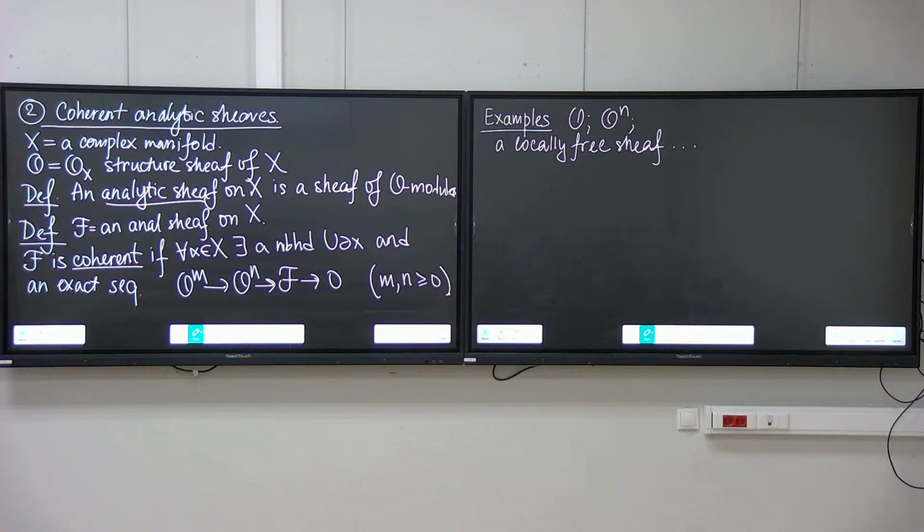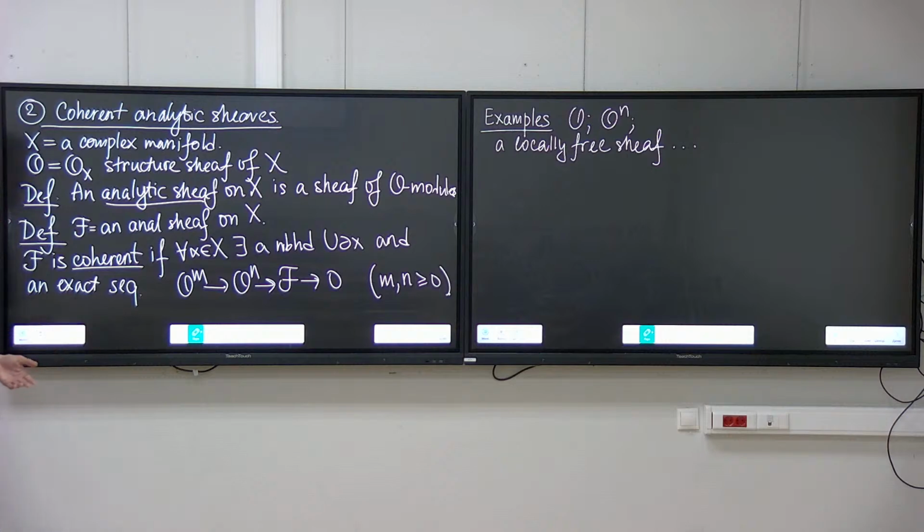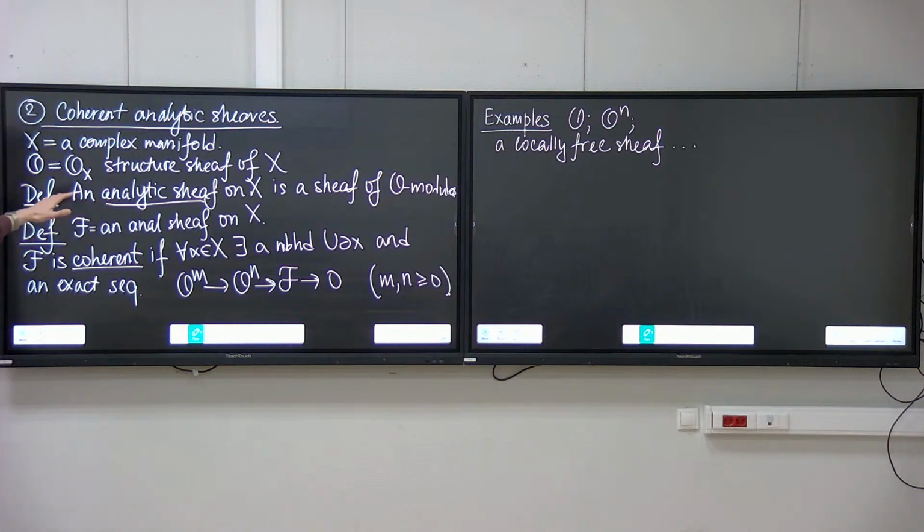But if we know that the structure sheaf is coherent in the sense of this more general definition, then it turns out that this more general definition of a coherent sheaf can be simplified like this. And there is a deep theorem due to Oka that the structure sheaf of a complex manifold is coherent in the sense of this more general definition, which I'm going to give you in this course. So as a result, since we are speaking only about analytic sheaves, that is, sheaves of modules over the sheaf of germs of holomorphic functions, we can use this simplified definition of coherence.